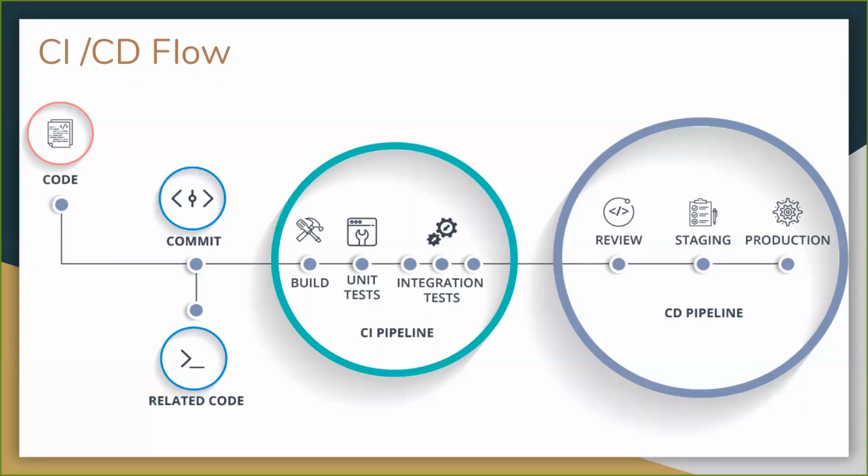If everything is good, it goes to the CD pipeline; or else, if there is a failure, the developer gets a notification of the failure. Then in the CD pipeline, we have a review, which is basically manual testing. Then it goes to the staging environment, where manual approval is required before sending it to the production environment. Then we deploy it to production. So everything is automated in CI/CD.